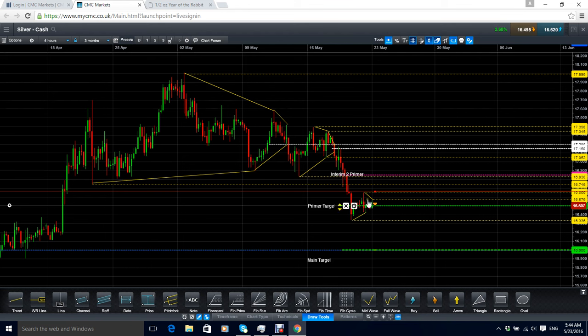So we're funneling here again, we're setting up on quite low volatility at 16.5, and the target now for this funnel is 16.2, so we've got an interim target again here at 16.2 off this funnel.